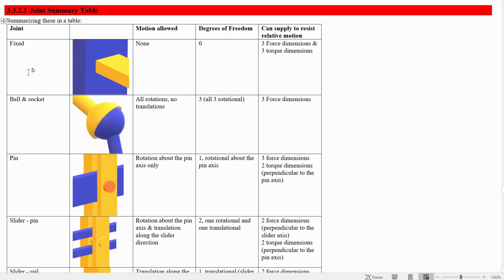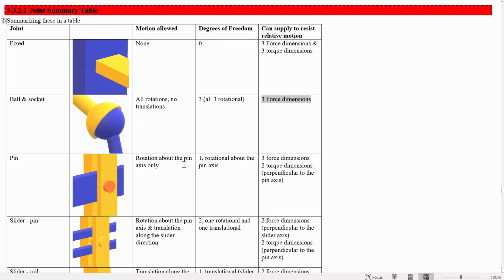So a fixed joint has no motion allowed between the two objects, no relative motion allowed, meaning it allows 0 degrees of freedom, and it can supply 3 force dimensions and 3 torque dimensions, 3 different moment dimensions to resist relative motion. The ball and socket joint allows rotations only but not translations, so it has 3 rotational degrees of freedom and can supply all 3 force dimensions to resist motion.